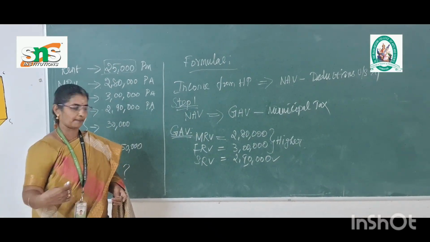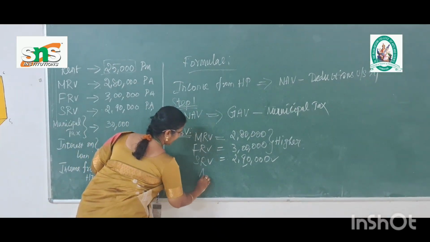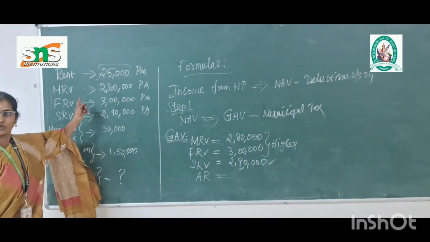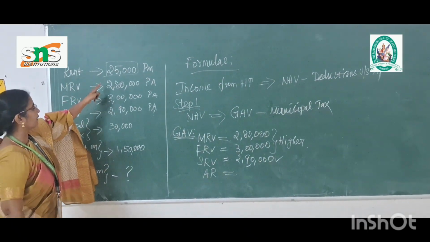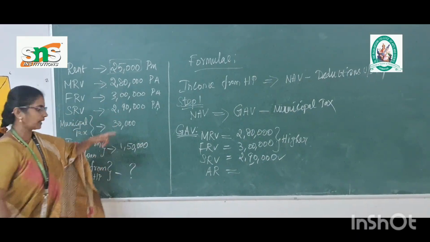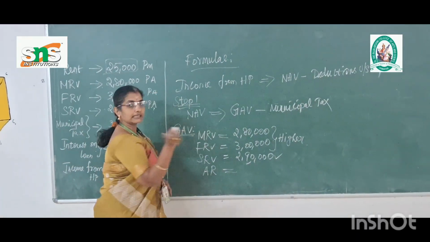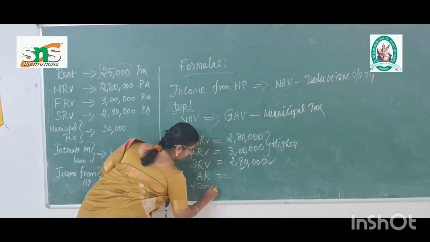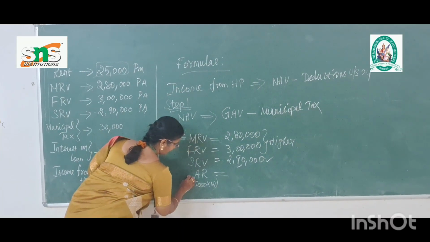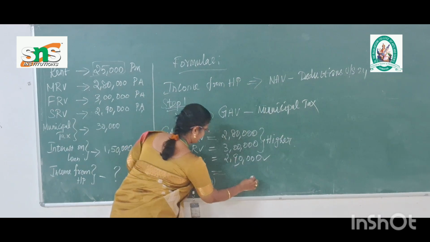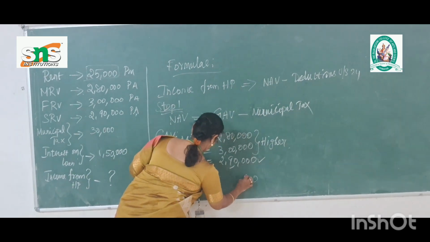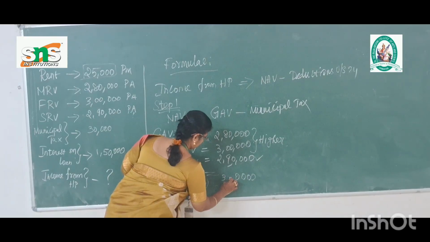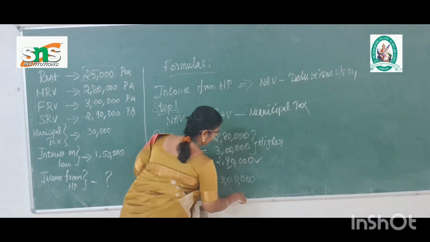Now the next step, we have to compare with the actual rent received by the house owner. That is 25,000 per month, but we need to calculate yearly. So 25,000 into 12, the answer is 3 lakhs.